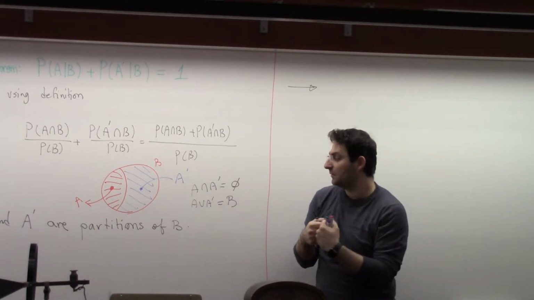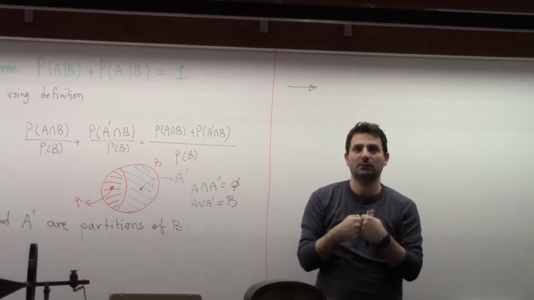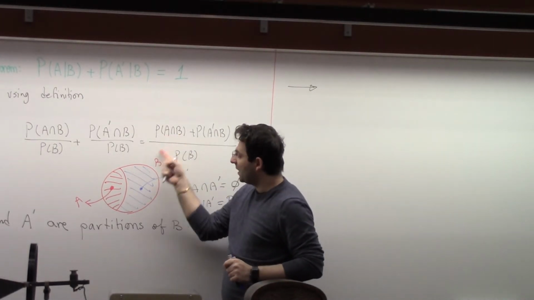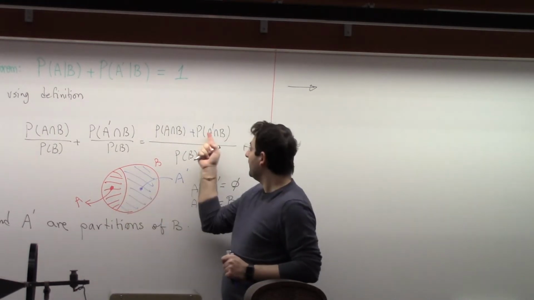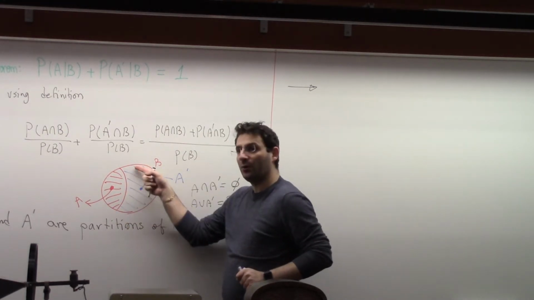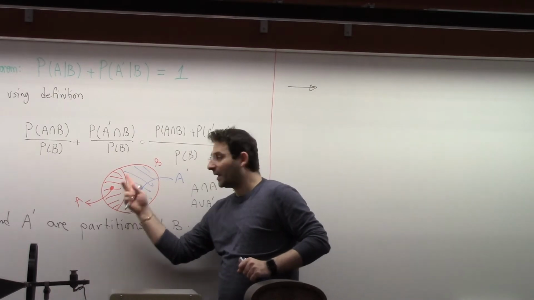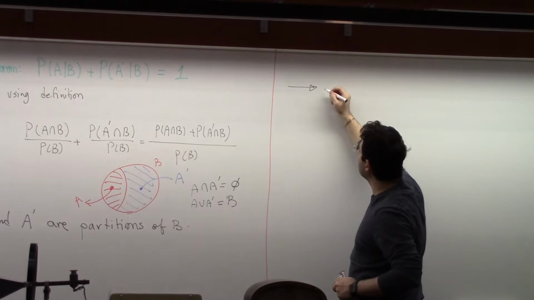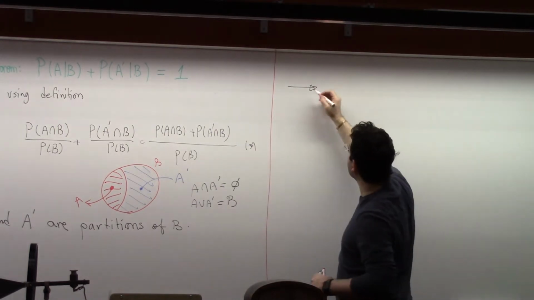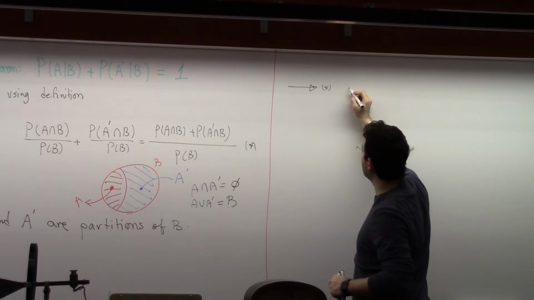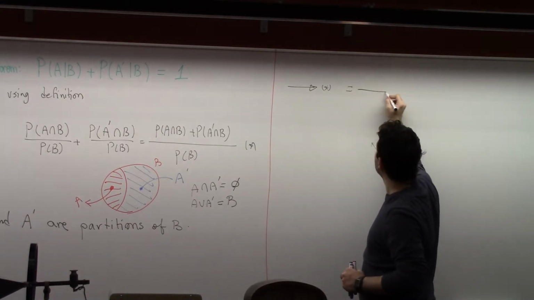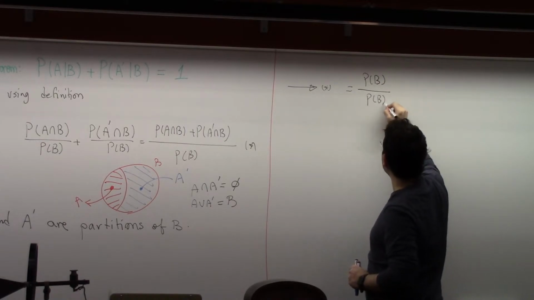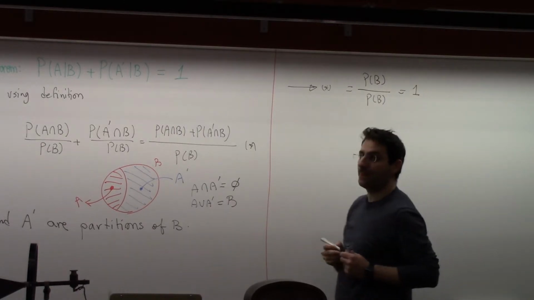They make B. Look, here I am in this red part, here I am in the blue part. So if I add these two, I am in B. Let's call it the star equation. From the star equation, we get that we are equal to probability of B divided by probability of B, which is equal to 1.